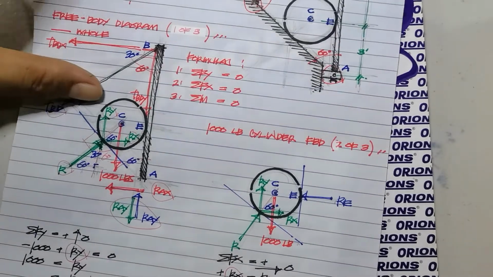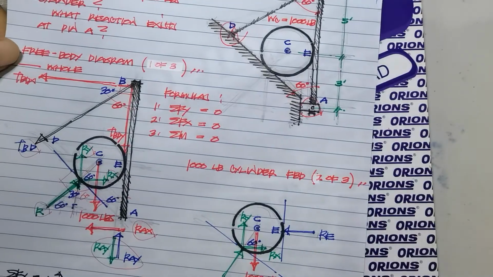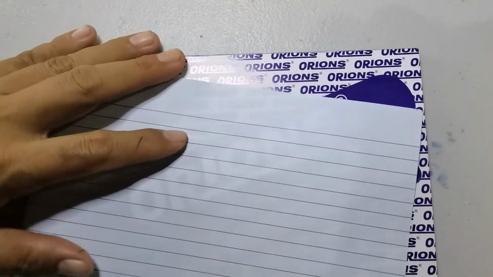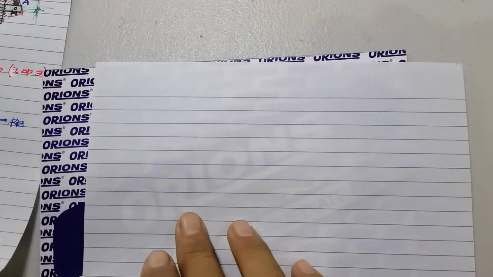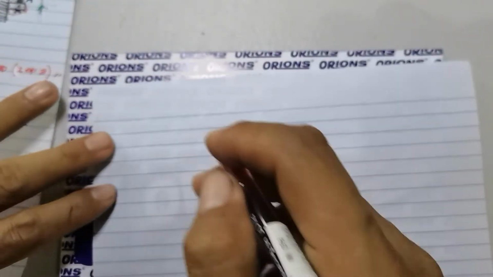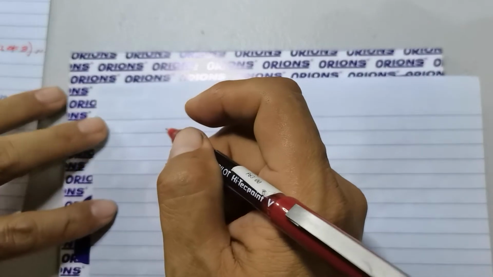So, gawa na natin ng separate free body diagram itong pinaka-cable AB natin, para mas maintindihan nyo yung concept. So, gawa natin ng isolation. Lagay lang natin dito is isolate bar ABD.